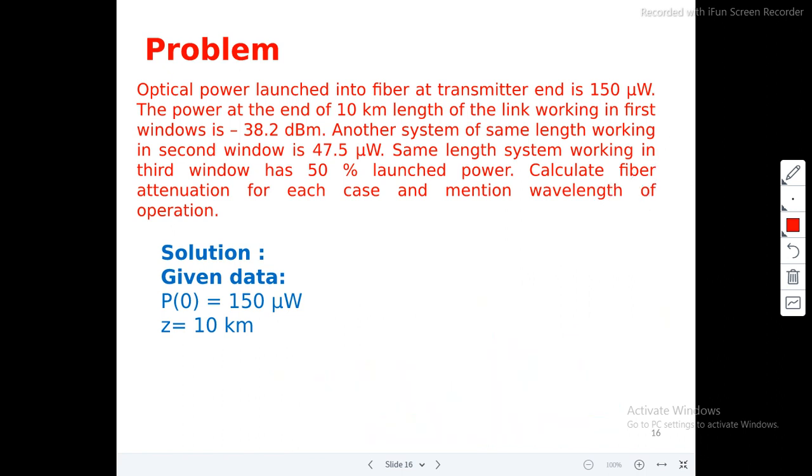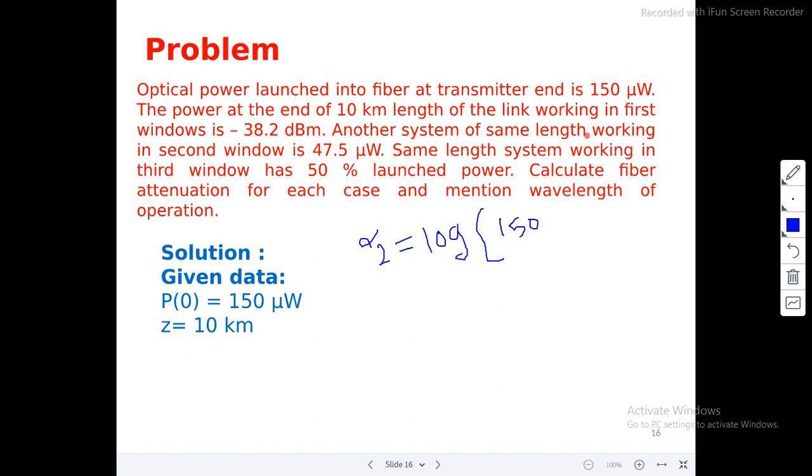Similarly, you calculate the second window. Alpha 2 is equal to 10 into 1 by Z, and the 10 is cancelled. I take the final value, log of, where P of 0, the input launched power, is 150 microwatts.